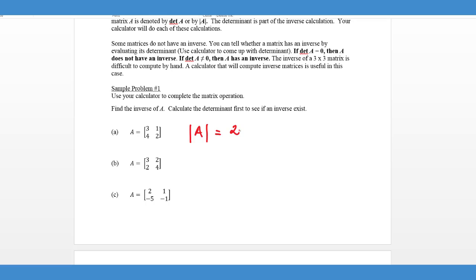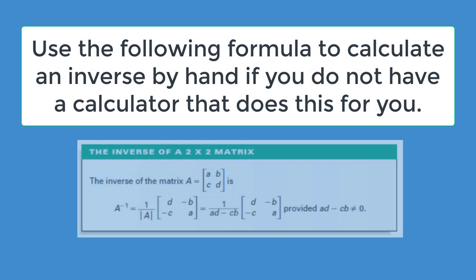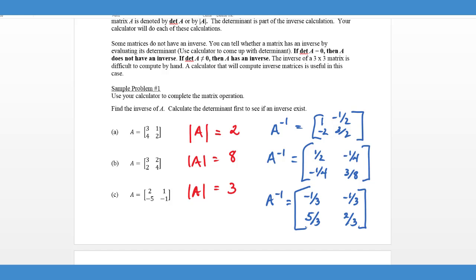That tells us that we have an inverse to this matrix. I've gone ahead and filled in the answers for part B and C, so check your answers against mine and see how you did. Alright, that's a good introduction to identity matrix and inverse matrix, and we'll continue with the notes in the next video.